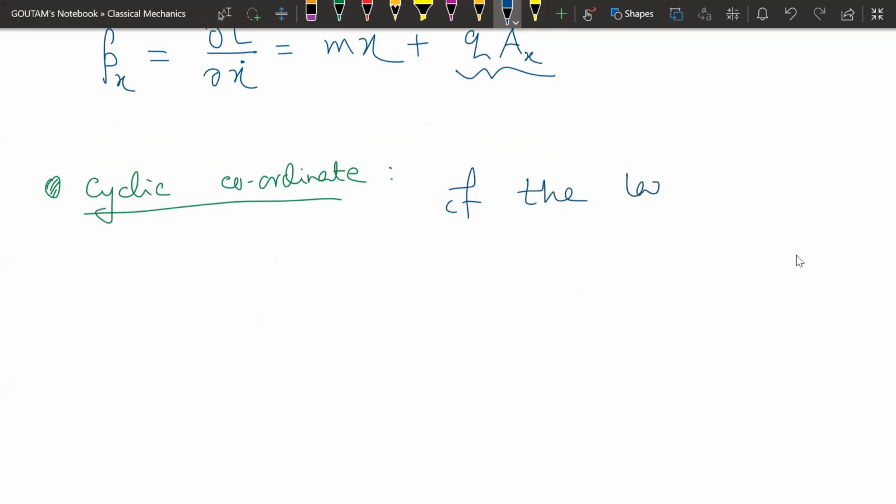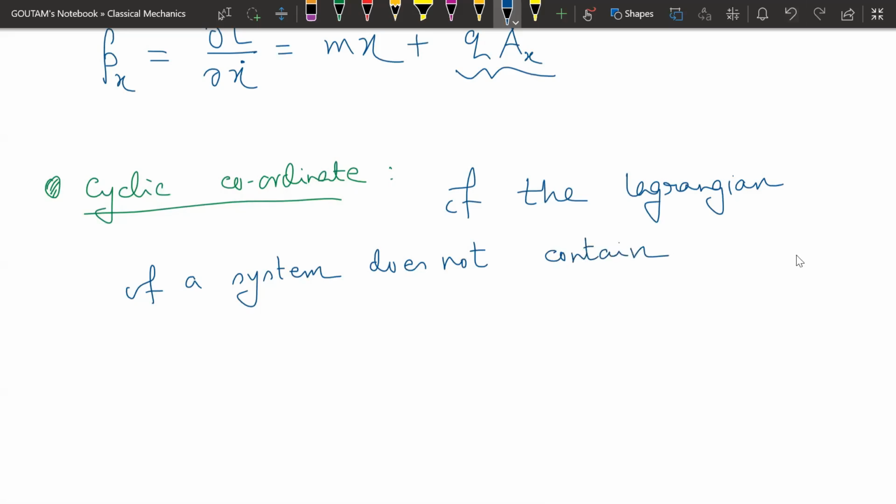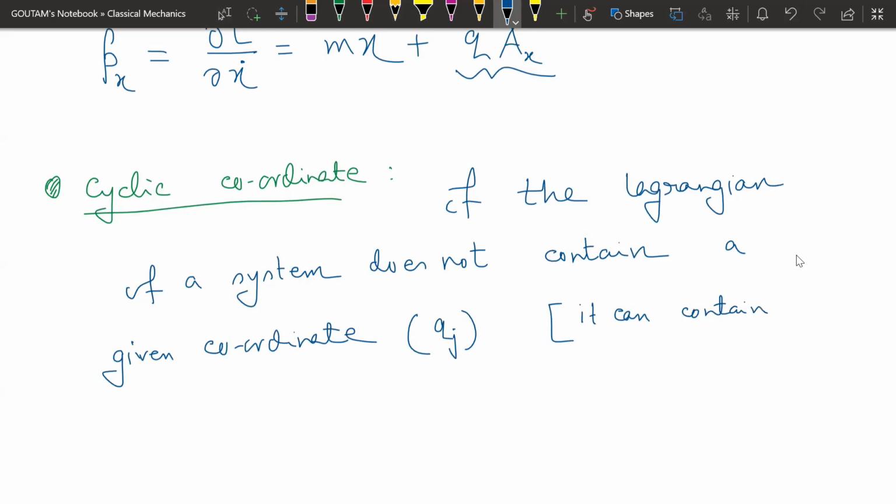If the Lagrangian of a system does not contain a given coordinate, let's say Qj, though it can contain Qj dot, the Lagrangian doesn't have any explicit Qj dependence.